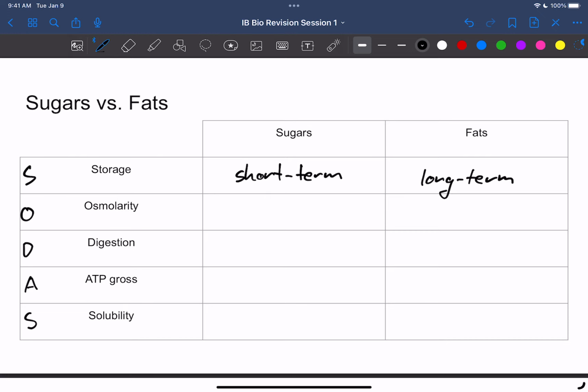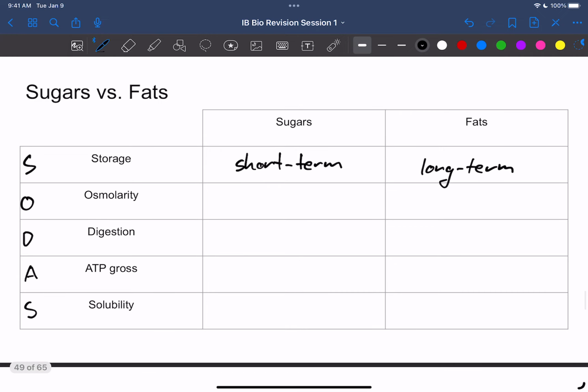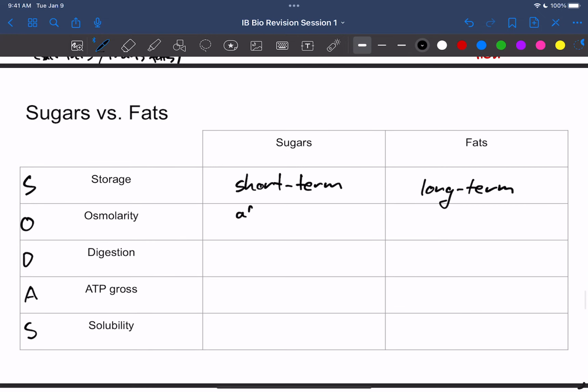Next is osmolarity. And this just means, does it affect your cells in terms of their hypotonicness or isotonicness? I think you've talked about this with plants in your bio course. So with sugars, yes, it can affect osmolarity.